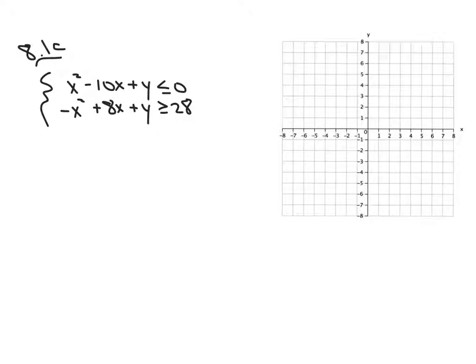So the first thing I would do is set these both equal to y. So my top one would end up being y is less than or equal to 10x minus x squared. And then my bottom one would be y is greater than or equal to x squared minus 8x plus 28.